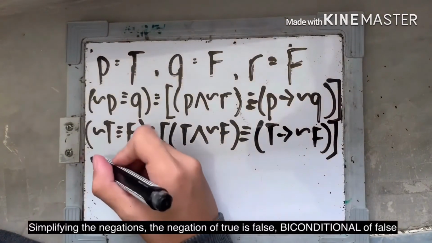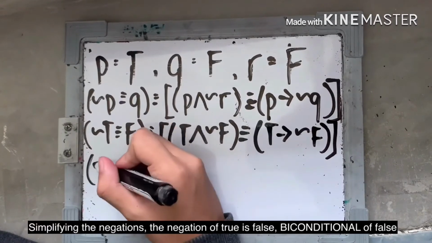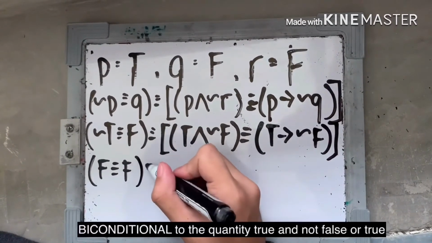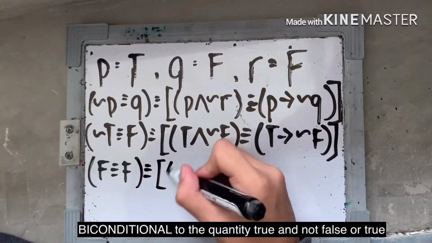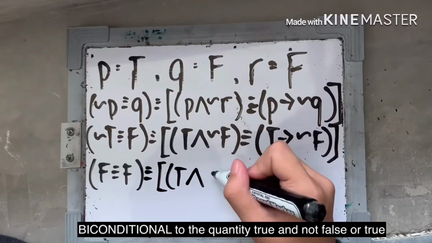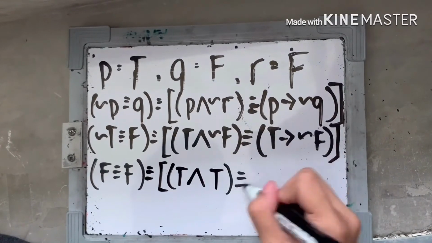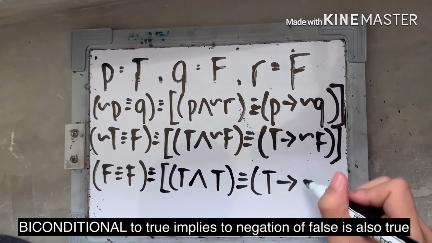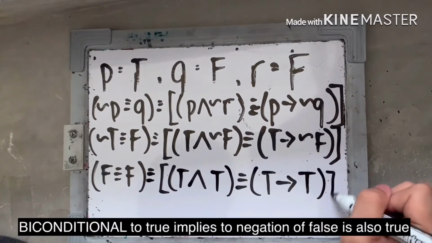Simplifying the negations, the negation of true is false, biconditional of false, biconditional to the quantity true and not false, or true, biconditional to true implies the negation of false, which is also true.